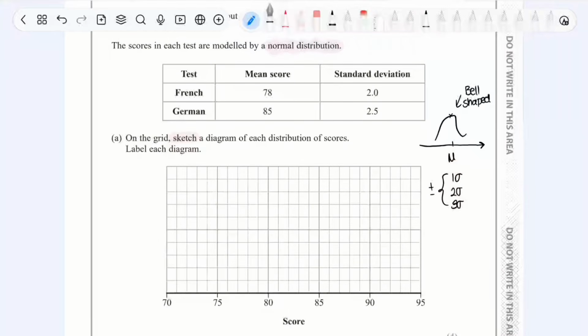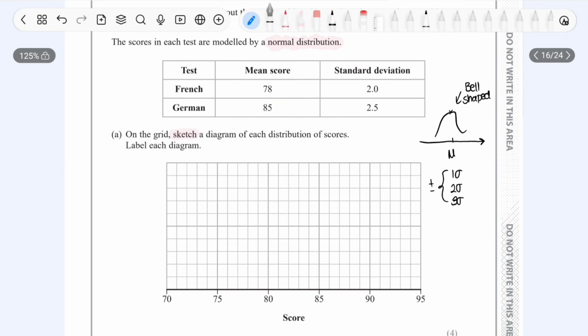So anything outside 3 standard deviations we don't really care about too much, and it's not really highlighted. So what we can really show is basically a bell-shaped curve, the mean, and the standard deviations, and they're giving us this data here conveniently. So we need to mark out 78 on the diagram here, which is here. That's going to be our peak.